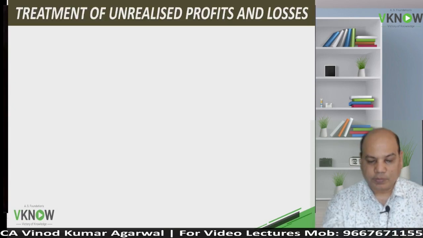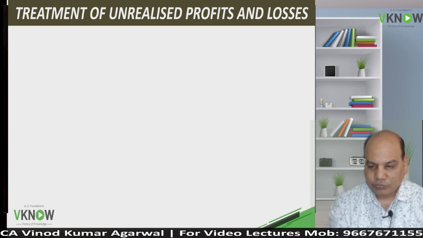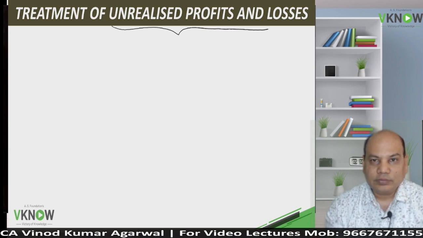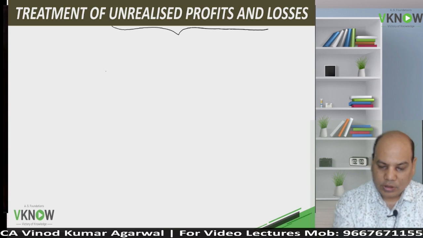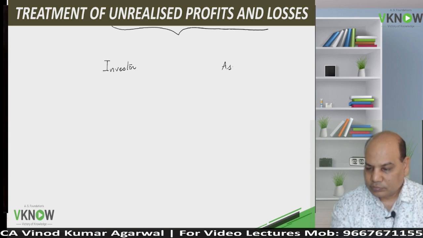Now, a very important paragraph is treatment of unrealized profit and losses. If you have studied AS21, consolidated financial statement, then you will understand it easily. Let us say we have investor and we have associate.